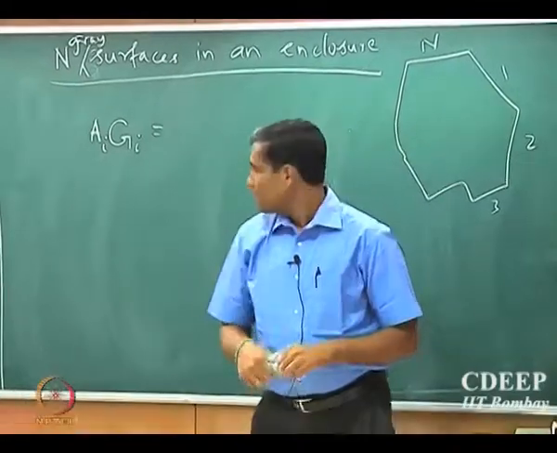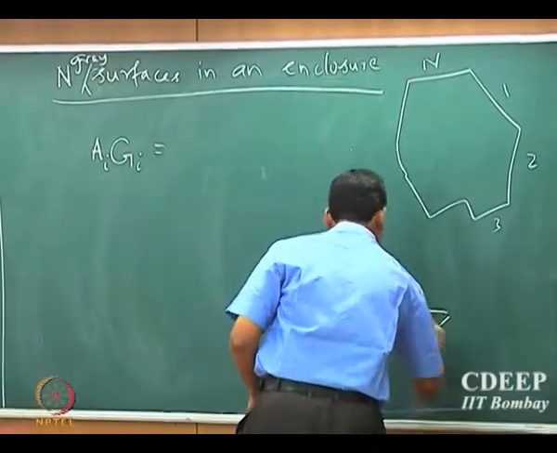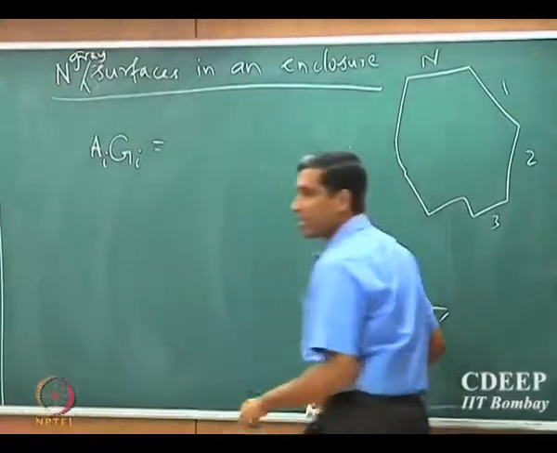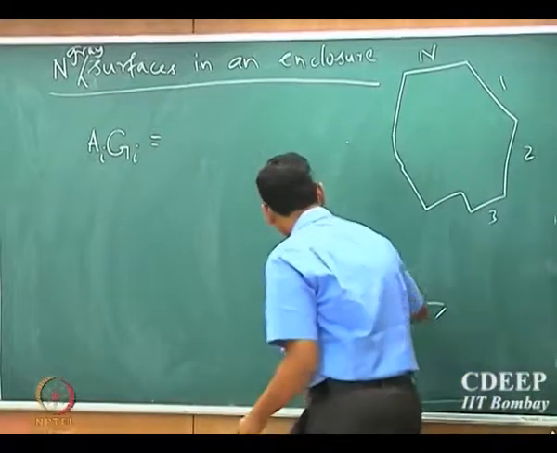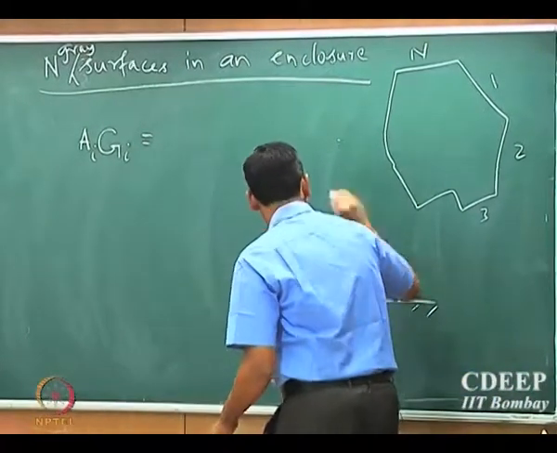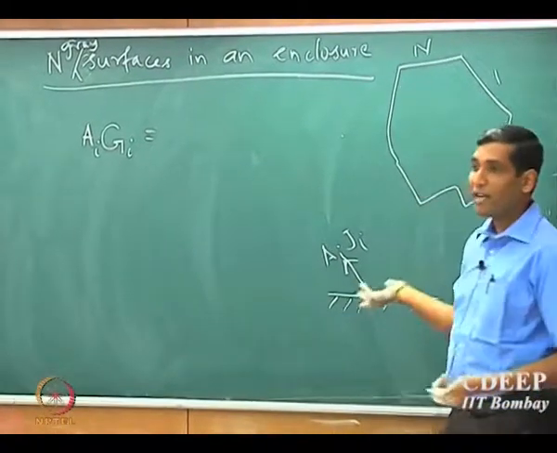Note that these are n surfaces placed in an enclosure, going from 1 up to n. So what is the incident irradiation received by a surface i? Let's take out one surface. The net radiation emitted by a surface is given by Ai times Ji, and i goes from 1 to n in an enclosure.